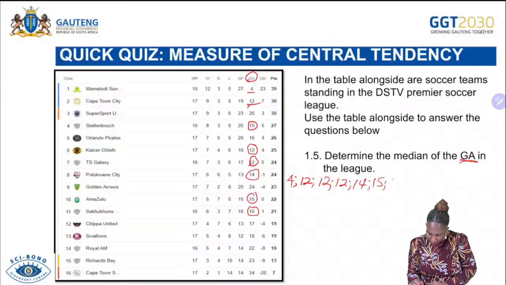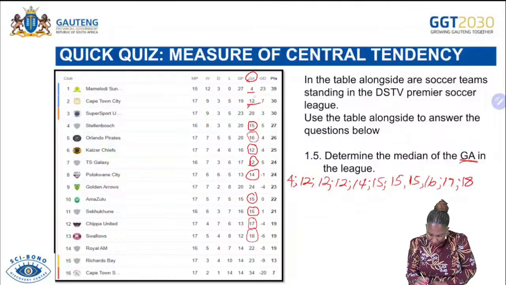We are done with the 15, so we go to the next number, which is 16. Only one 16, and we only have one 17. I don't see any other 17. Then I write 17.